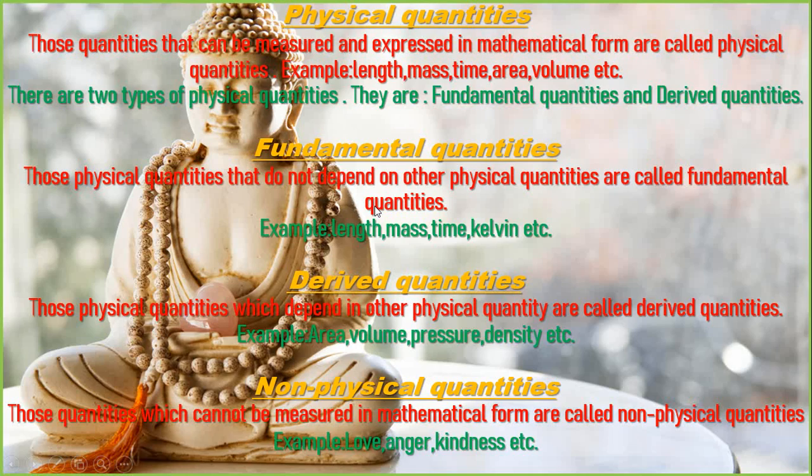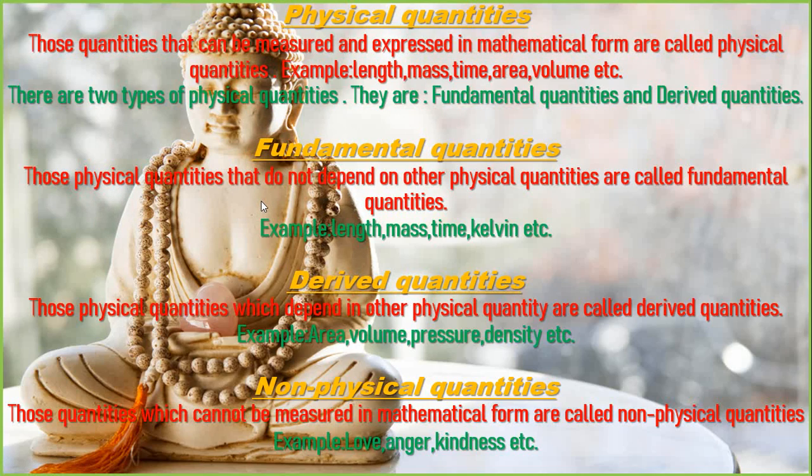Those physical quantities that do not depend on other physical quantities are called fundamental quantities, like length, mass, time, Kelvin, etc. There are a total of 7 fundamental quantities which we are going to discuss later, but first of all we have to become clear about the concept of fundamental quantities.